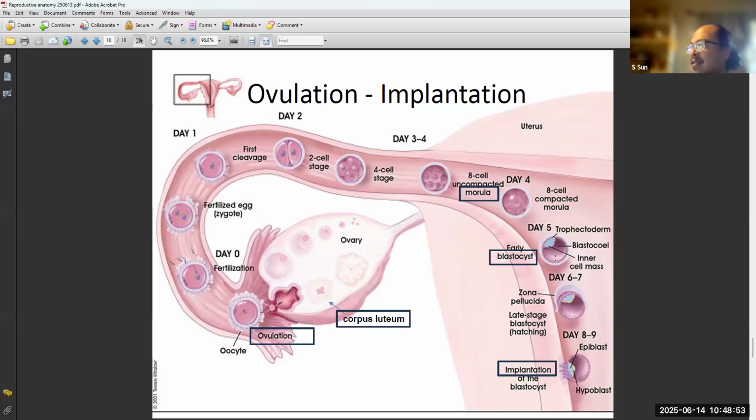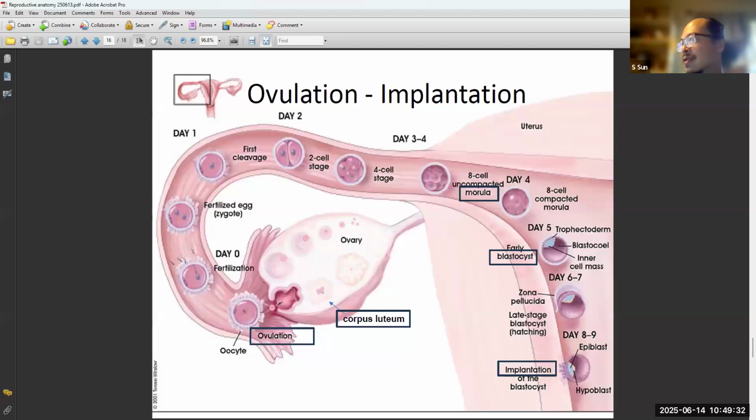This blastocyst has an inner cell mass right here, and the trophectoderm right here. The blastocoel is the cavity where the fluid starts to accumulate. You have two types of cells, trophectoderm and inner cell mass. This tropho means nutrients.